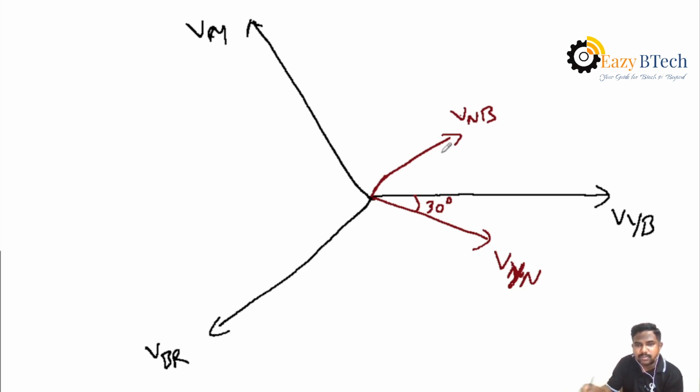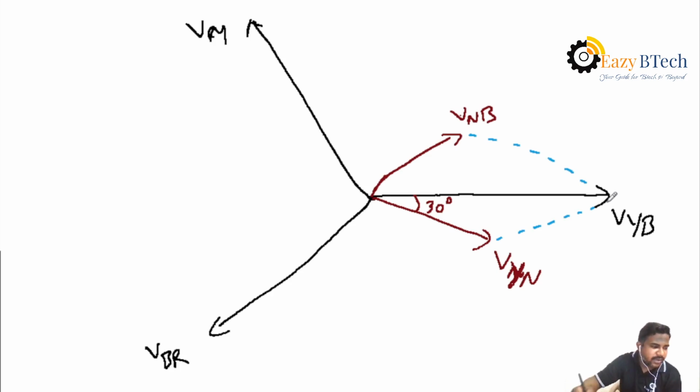Then adding both vectors here, this is the vector addition representation. Both vectors are added to each other, VYN plus VNB, and then you will get VYB, the line voltage. In the same manner, you can also write down the other quantities.